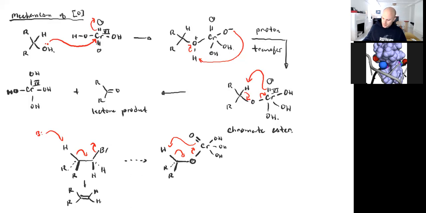All right. I want to go through the mechanism of the PCC oxidation of a secondary alcohol. It's very similar, but it's worth going through it. So again, we're sticking right now with secondary alcohols.